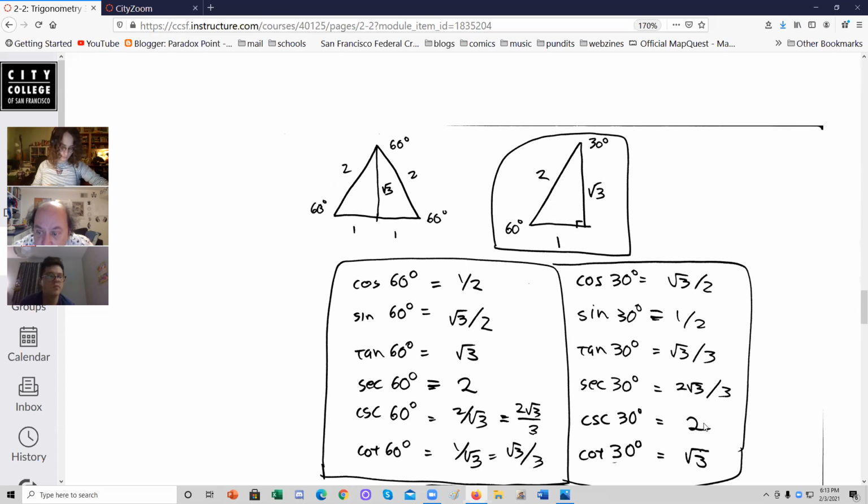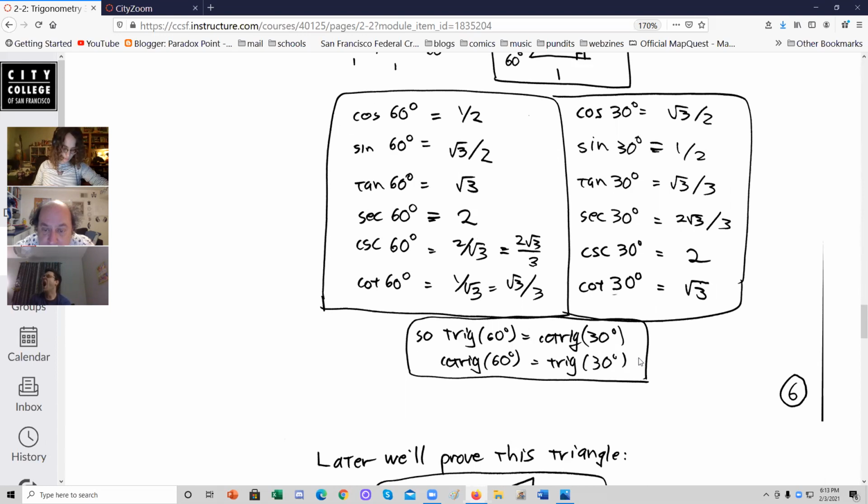So reciprocal of sine of 1/2 is 2. And as you can see, cosecant of 30 equals secant of 60. And then cotangent of 30 is reciprocal to tangent 30. Therefore, you get root 3, which is equal to tan 60. So trig of 60 equals cotrig of 30. Cotrig of 60 equals trig of 30.